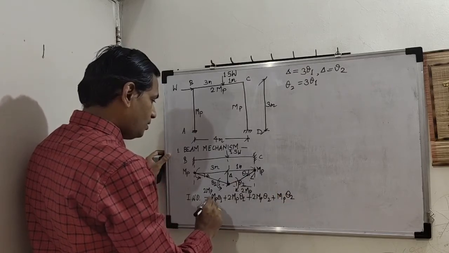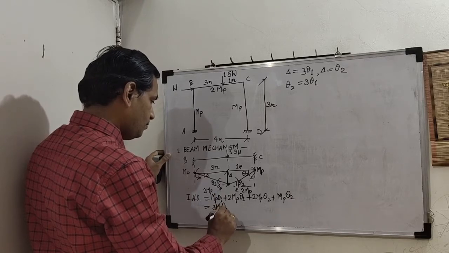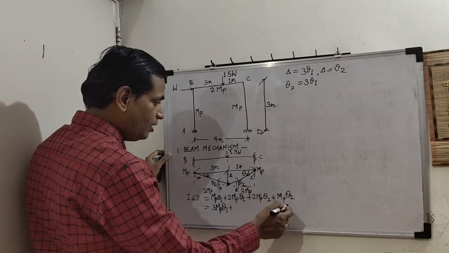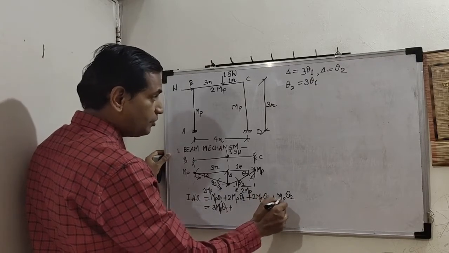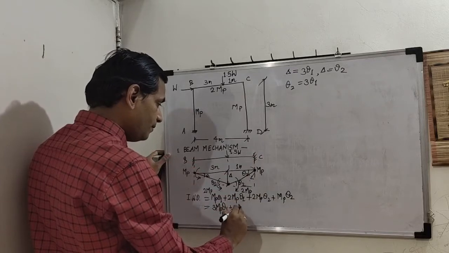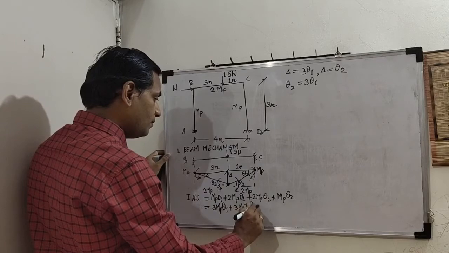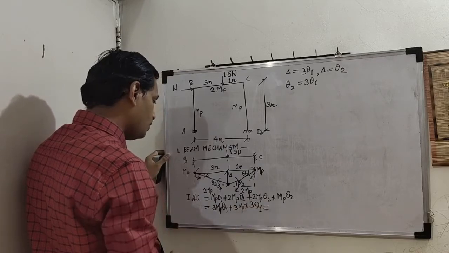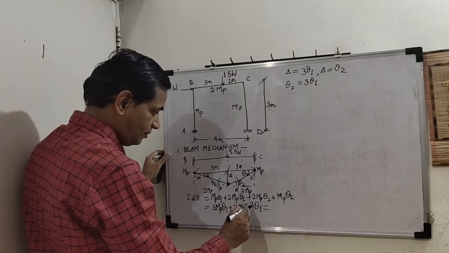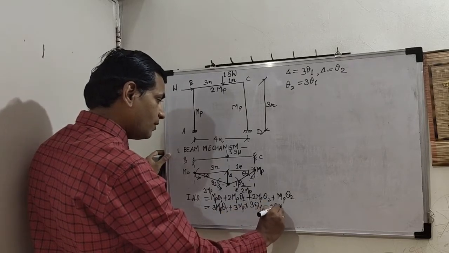So this is 1 plus 2, 3 MP theta 1, plus, again this is 2 plus 1, 3 MP theta 2. Theta 2 we will replace by 3 theta 1 directly. So 3 MP instead of theta 2, 3 theta 1. So how much is total? 3 plus 3 into 3, 9. Correct? So 12 MP theta 1.